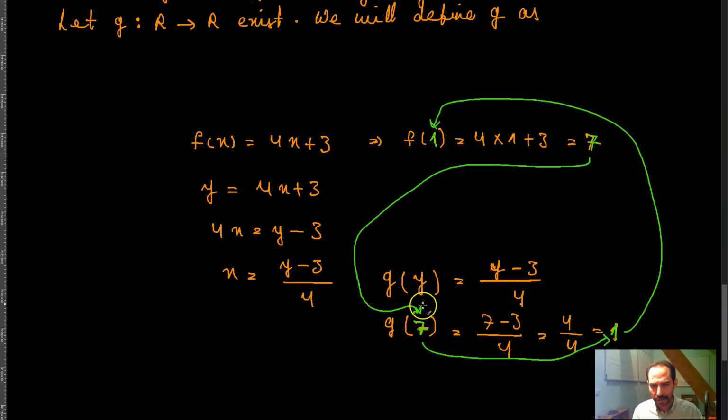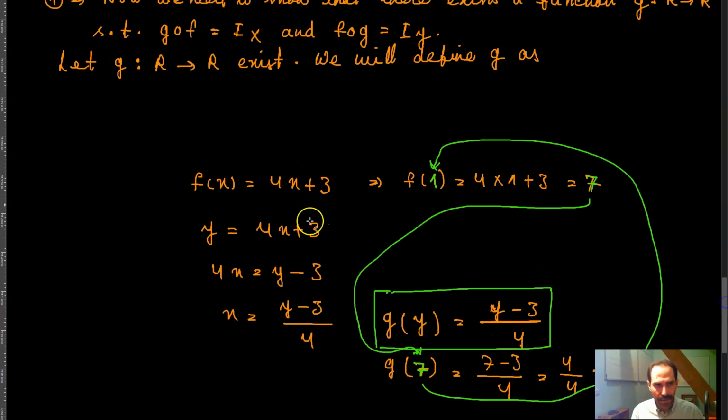So that means that g of y is the inverse of this function. Based on this, we define g of y as y minus 3 divided by 4.